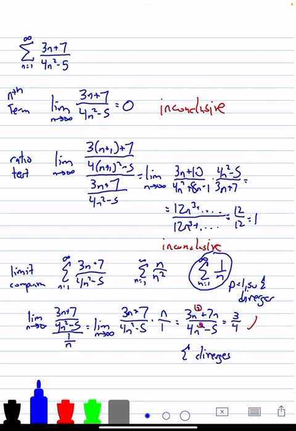I always talk about this in class, but knowing when to use the screwdriver and when you can just use the butter knife. All right, so we have to definitely know how to win. And the more practice you get, the more series that you work, the easier it is to tell which test to apply to each series.